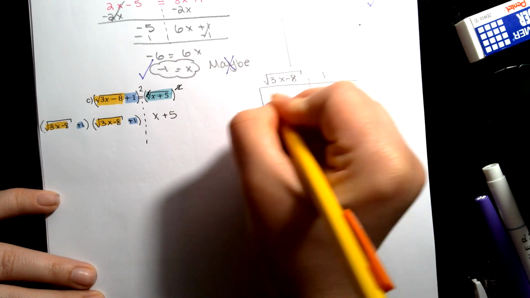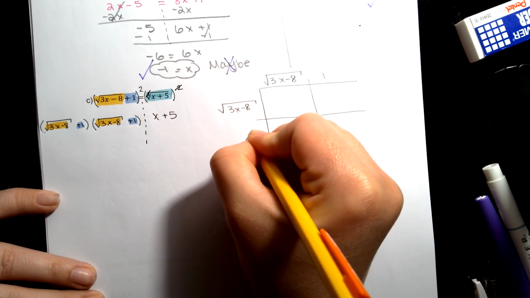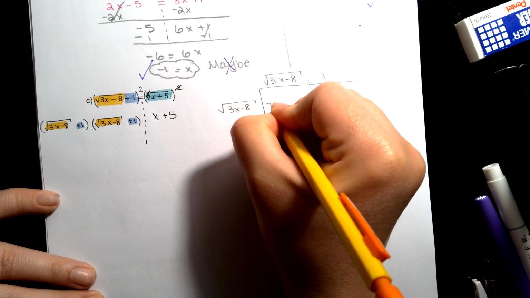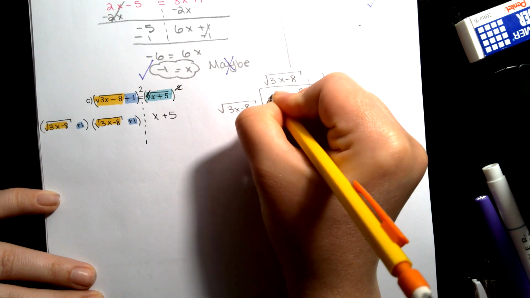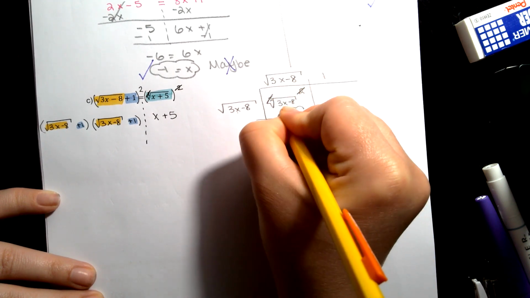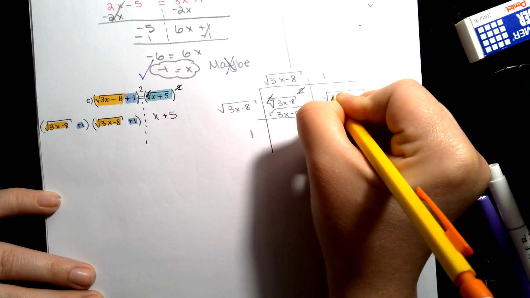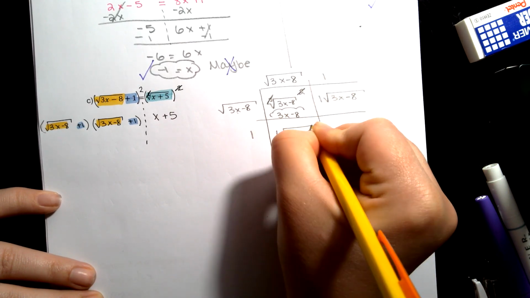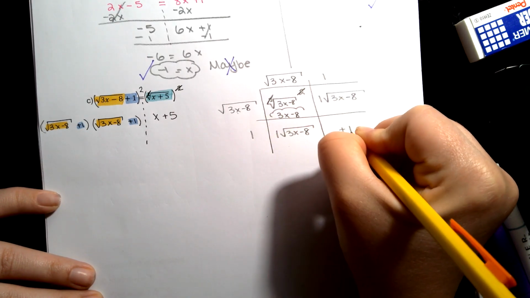This one thing. Okay, here we have a square root times a square root. That means I have a square root squared, which means my index and my exponent go away, and I'm left with 3x minus 8. But here I have a 3x minus 8 times 1, a 1 times 3x minus 8, and 1 times 1, which is a positive 1.